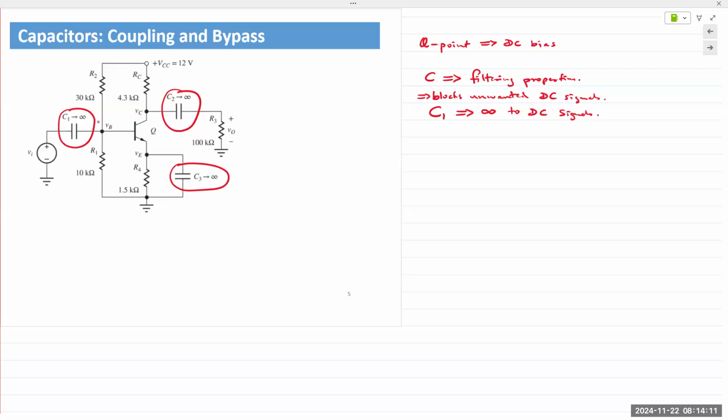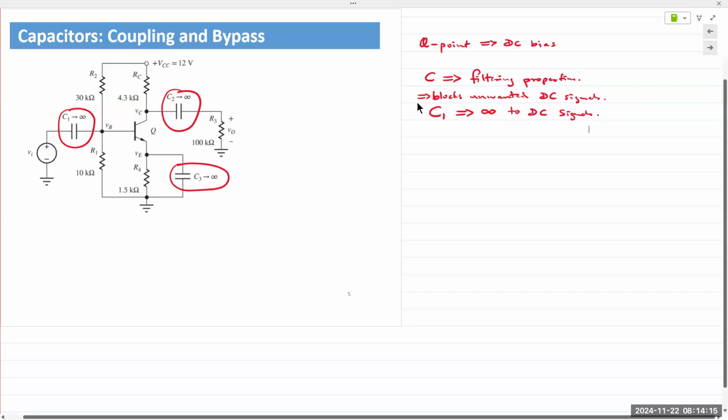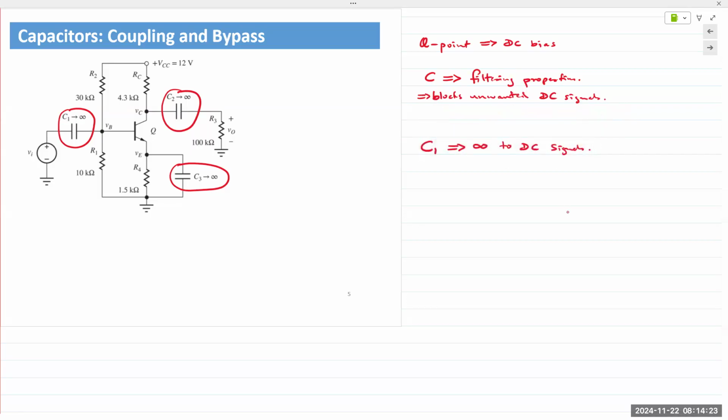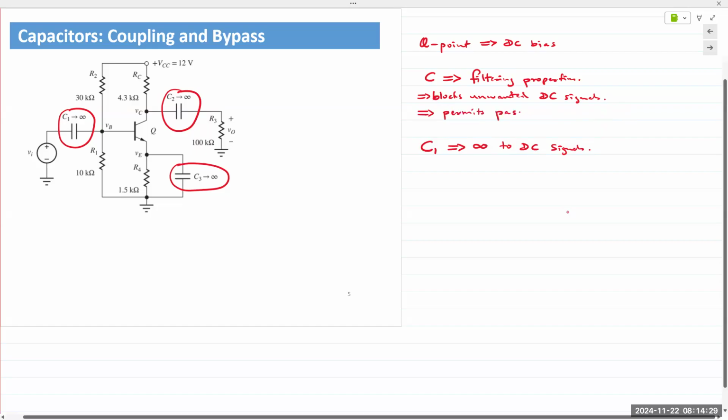At the same time, capacitors are going to permit the passage of AC signals, or we at least want them to pass AC signals, right? It blocks unwanted DC signals and permits passage of AC signals.